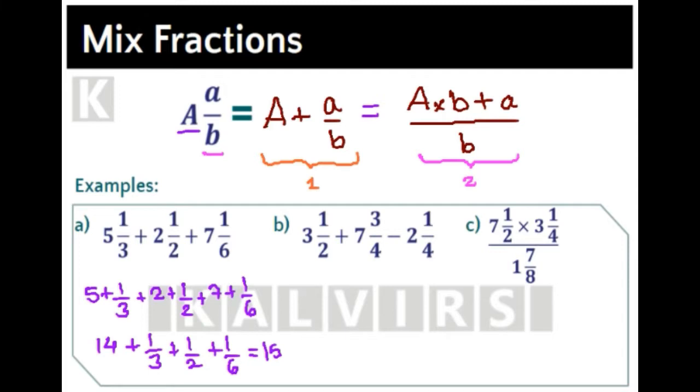Now, in the second example, what is the sum of 3 1/2 plus 7 3/4 minus 2 1/4? To solve the second example, use the first form. So we have 3 plus 1/2, plus 7 plus 3/4, minus 2 minus 1/4.